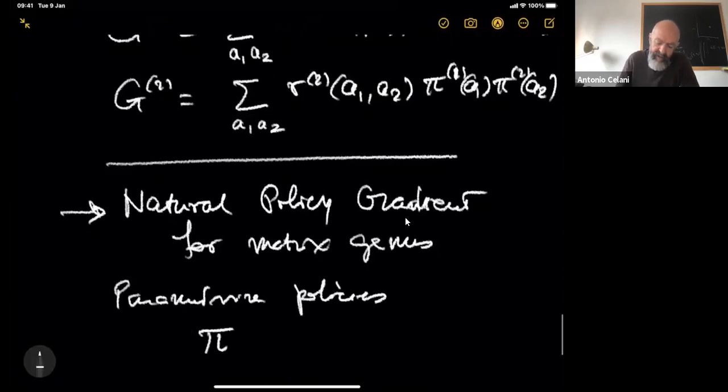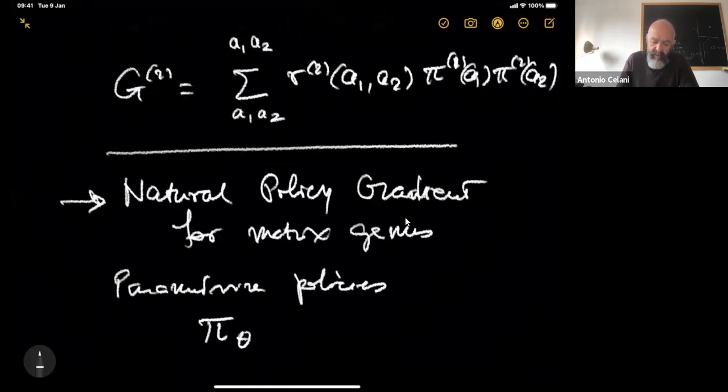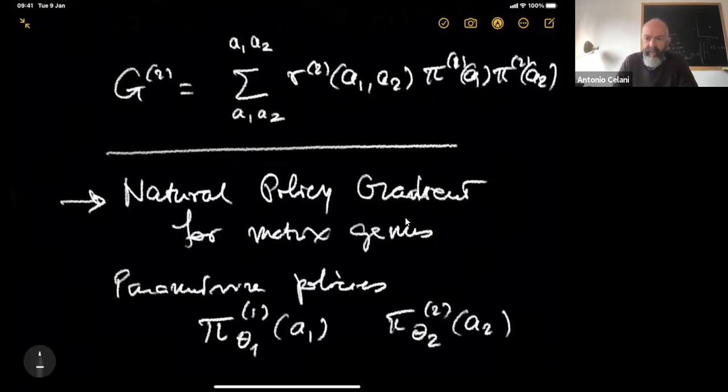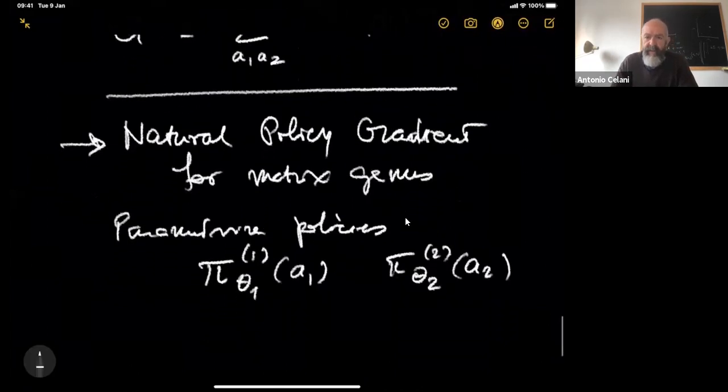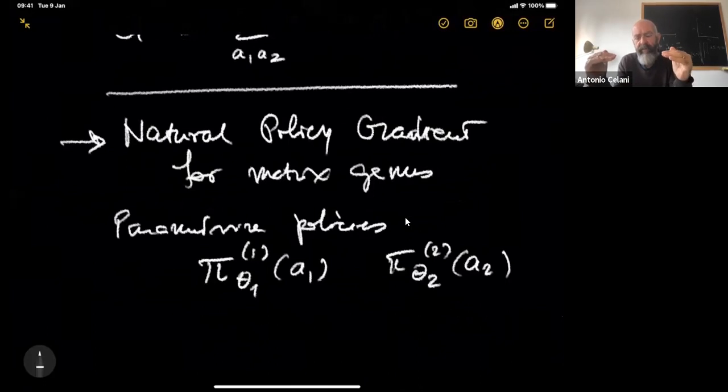So we will have a set of parameters theta 1, which is a vector of parameters for the policy 1, and a corresponding set of parameters theta 2 for the policy 2. This is the first step for doing policy gradient.